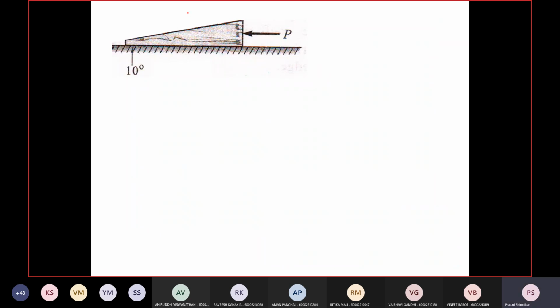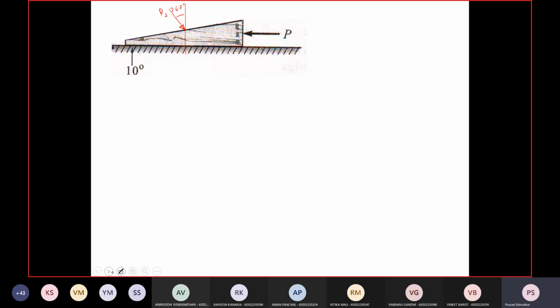So you have R2 over here, that is normal, and that makes an angle. So just construct a vertical line. This R2 will make an angle of 26.7 degrees.